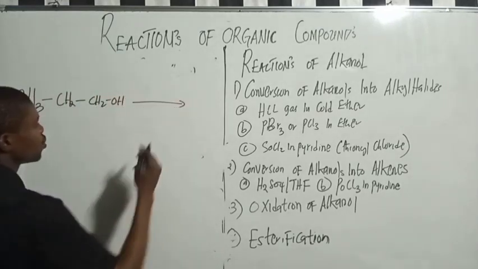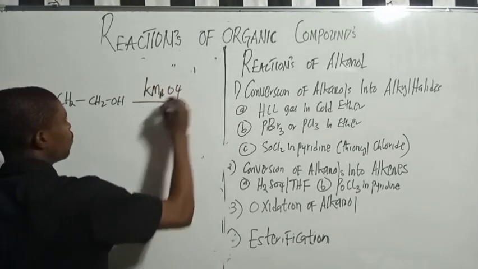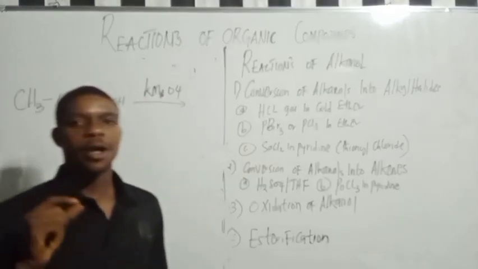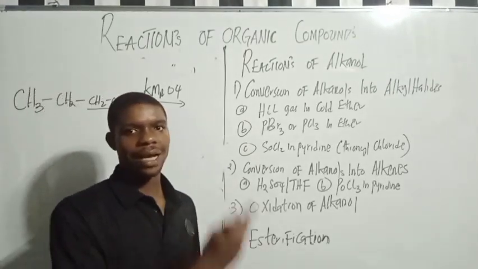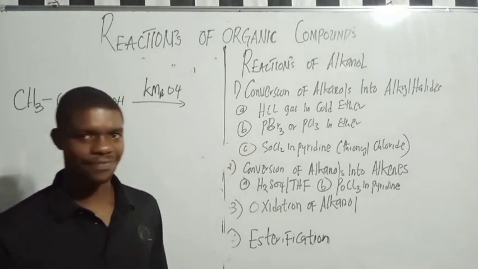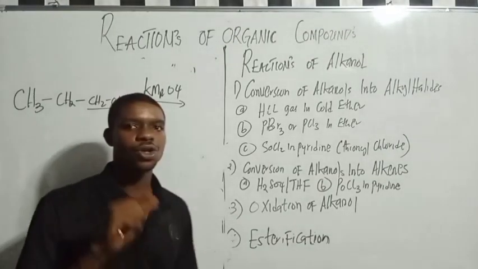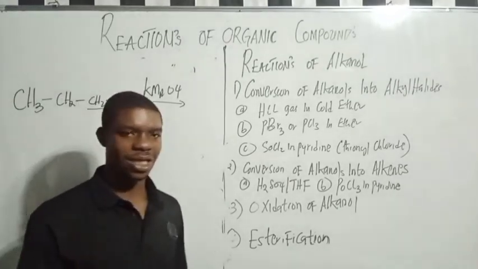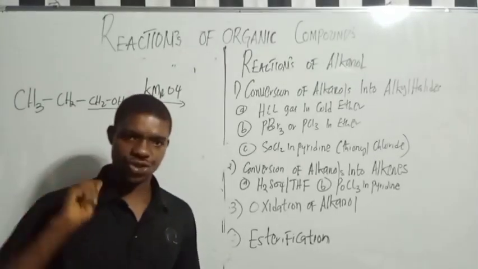Now when you pick any of the strong oxidizing agents like KMnO4, which is a strong oxidizing agent, you're going to oxidize straight to carboxylic acid. Because PCC is a weak oxidizing agent, that's why it converts to an aldehyde, not a carboxylic acid. But when you're using any of the strong oxidizing agents, either sodium dichromate, potassium permanganate or Jones reagent, you're going to convert the alcohol straight to a carboxylic acid.